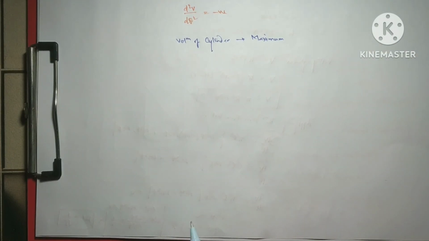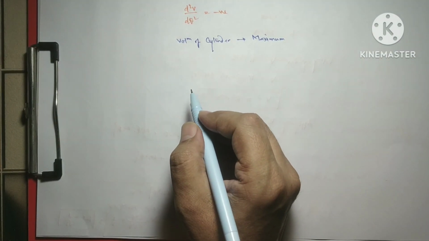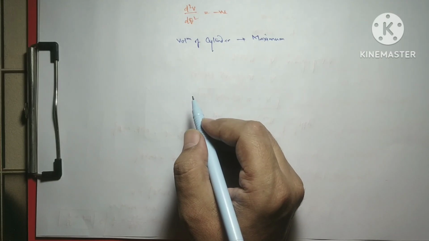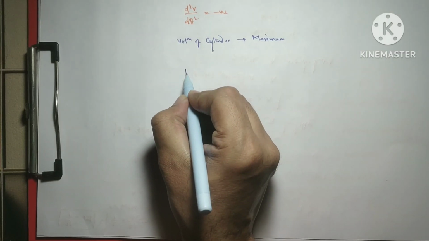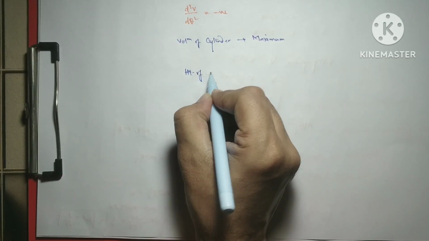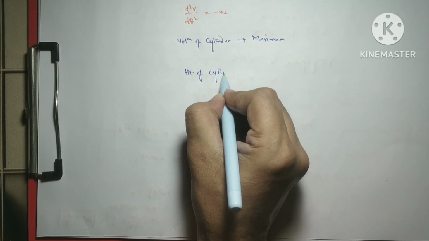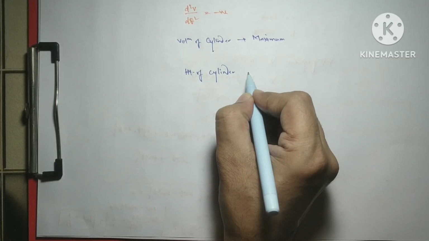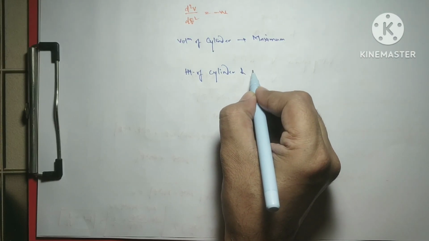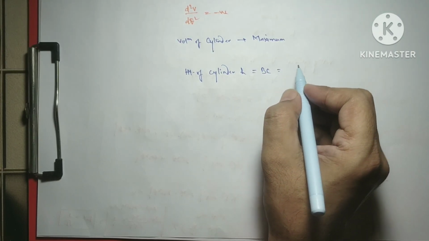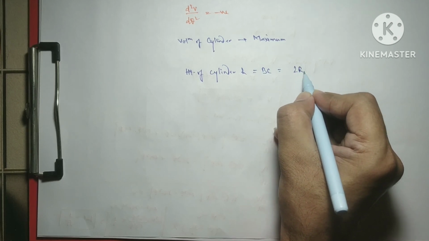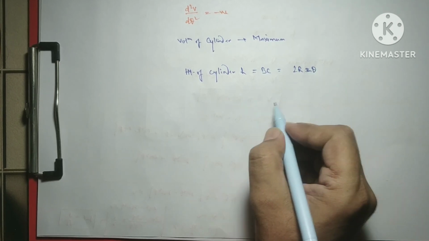And one more thing, we want to show that the height of the cylinder is 2r over root 3. So the height of the cylinder, small h, or you can say BC, equals 2r sine theta.